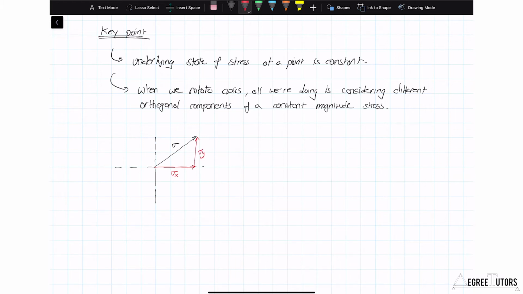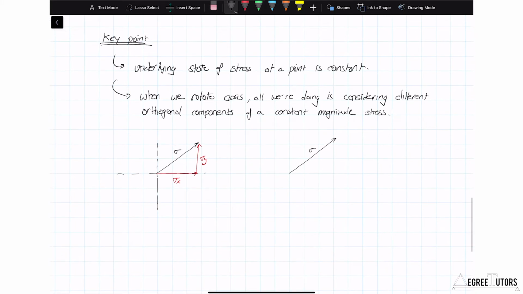Now, I can take that very same vector, sigma. If I rotate my set of axes, which is analogous to rotating my planes, the planes on which I'm determining the stresses, so let's imagine I've got some arbitrary set of axes here like this.